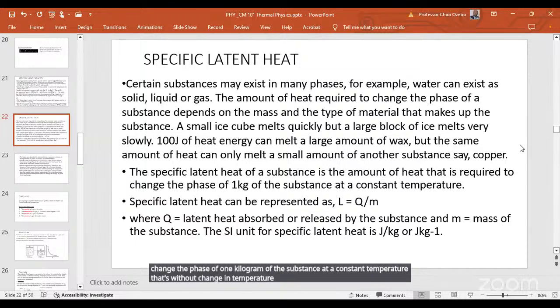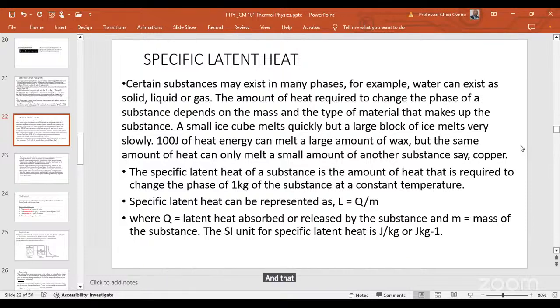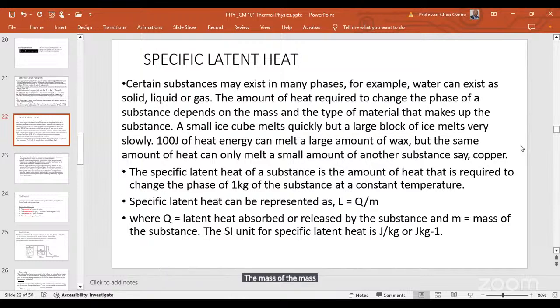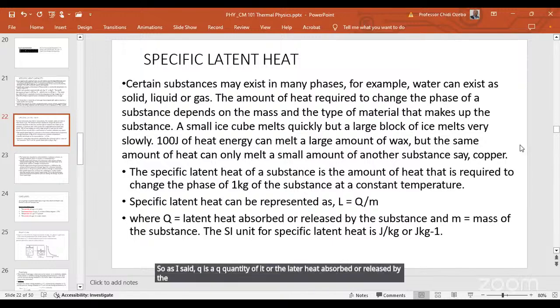We use L to represent the specific latent heat, and that gives specific latent heat L as Q, which is quantity of heat, divided by M, the mass of the substance. So as I said, Q is the quantity of heat or the latent heat absorbed or released by the substance. M is the mass of the substance.